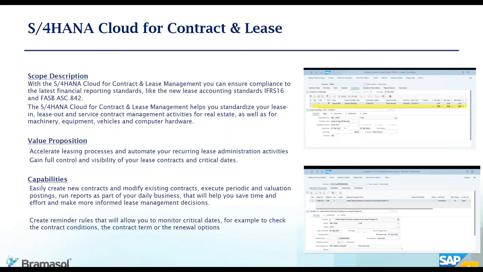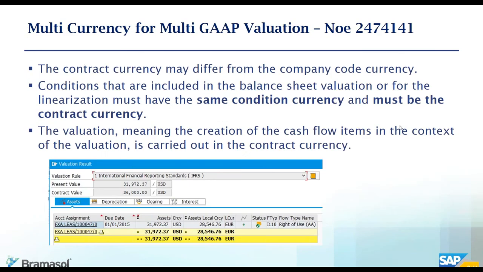Yes, you will. Okay. So this screenshot here is actually showing the asset posting. So you see the FXA. There's the asset number there, and I see there's the asset value in US dollars and the asset value in euros in this example.